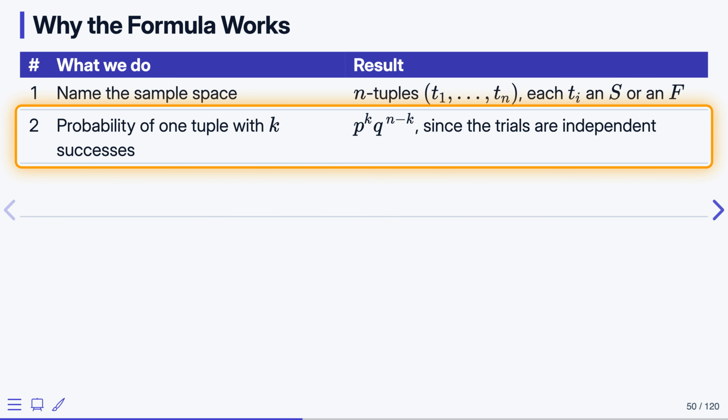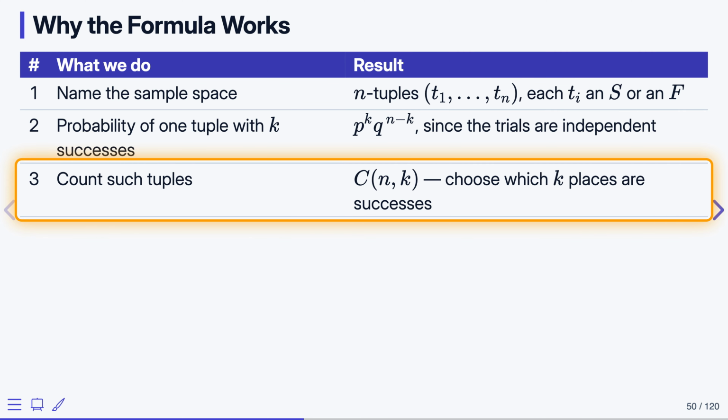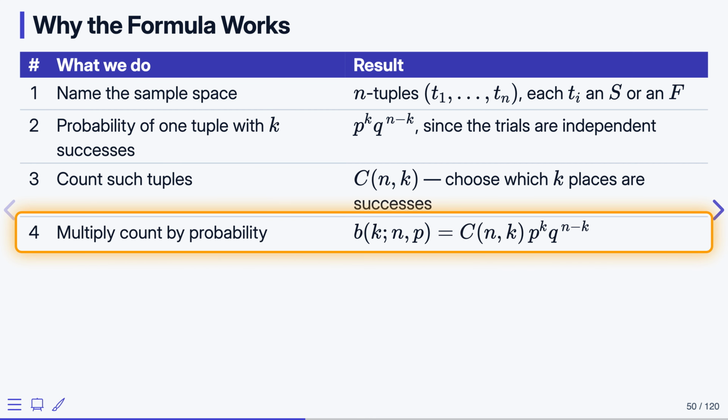P to the power k times q to the power n minus k. Every such list has that same probability. Step 3. Count the lists. We choose which k of the n places are successes, and that is C of n choose k. Step 4. Multiply the count by the probability of one list. That gives the formula in the theorem.